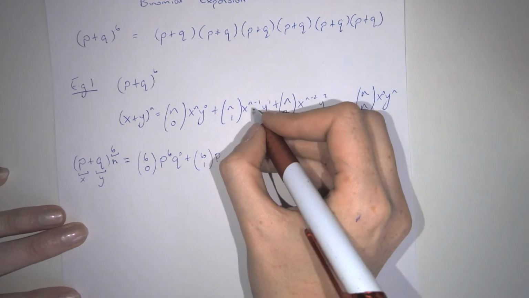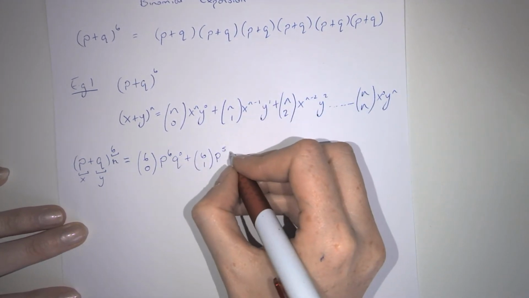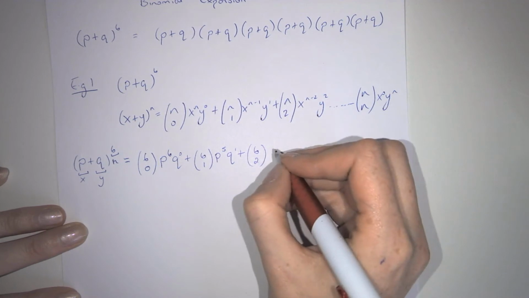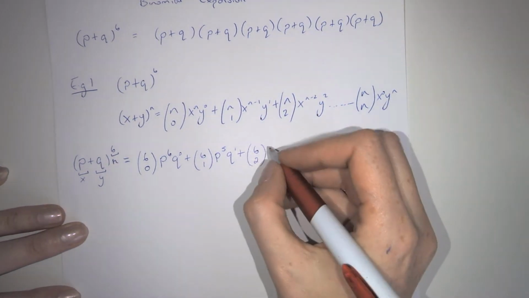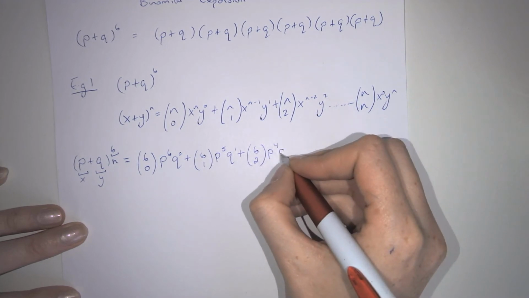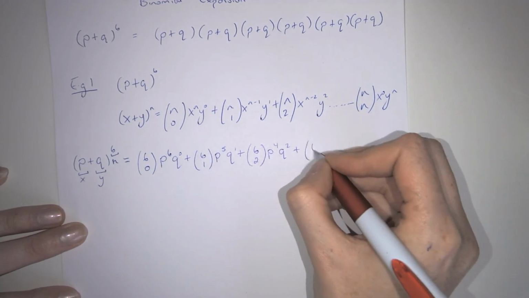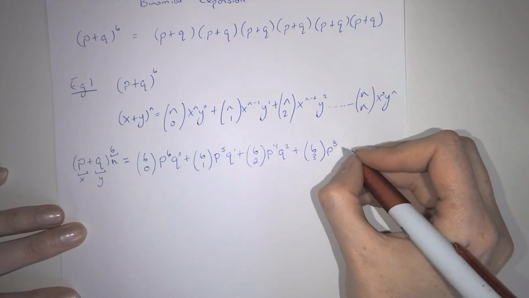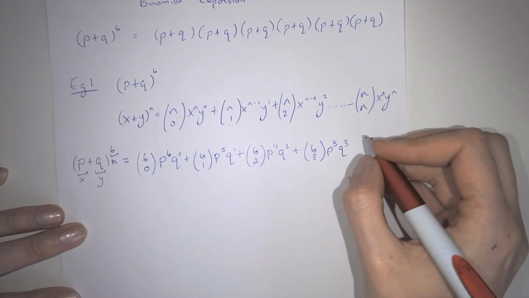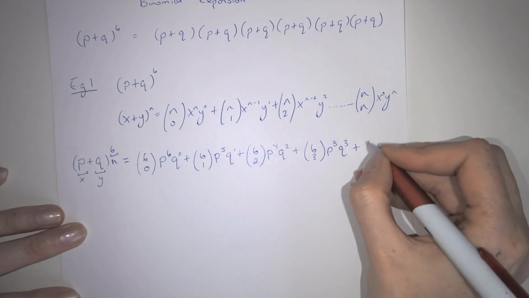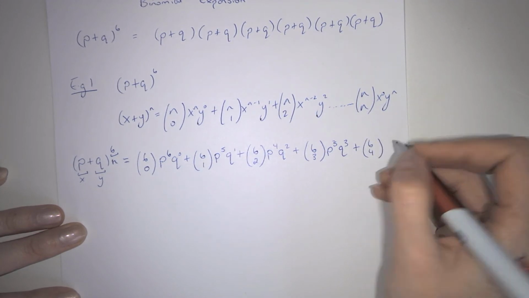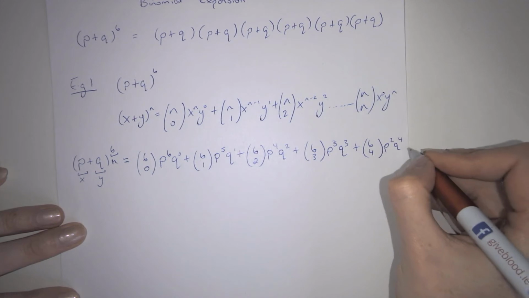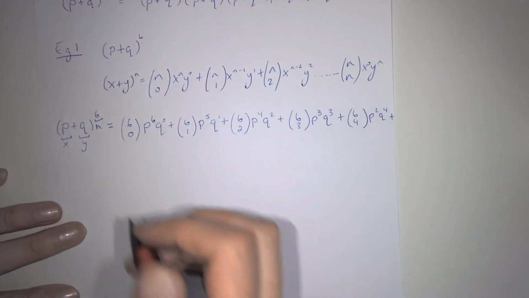We've got a p, n minus 1 is just 6 minus 1, which is 5, and q to the 1, plus 6C2 is p to the 4 and q to the 2, plus 6C3 is p to the 3, sorry, and q to the 3, we're still going up, plus 6C4, and then that's p to the 2 and q to the 4.